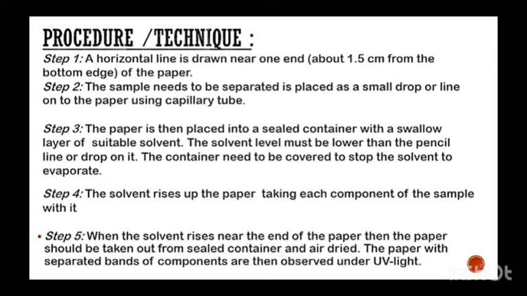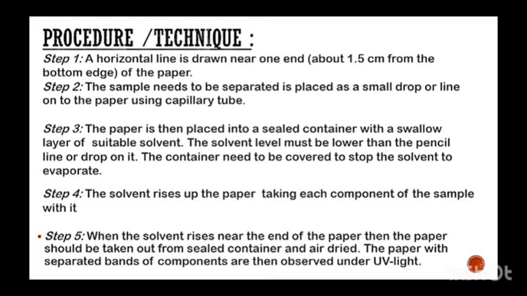Then the solvent rises up the paper, taking each component present in the sample with it. And hence, in this way, the components present in the mixture are separated. When the solvent rises near the end of the paper, the paper should be taken out from the sealed container and then air dried.